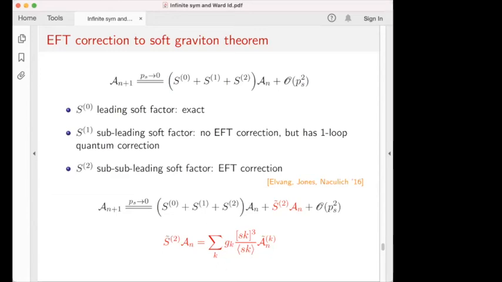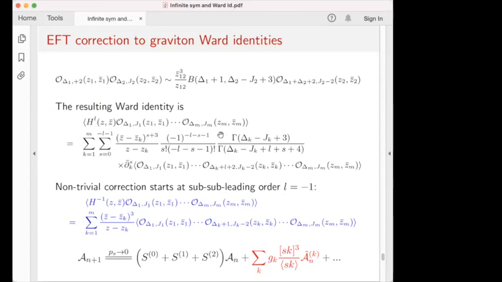So we have this previous general formula for Ward identity. In this case, it turns out the interaction responsible for this correction gives rise to this OPE, and we can then convert this OPE into a Ward identity using the procedure I showed you before. In the very special case, a equals -1, we have this formula. So we insert the sub-subleading soft graviton in this correlator.